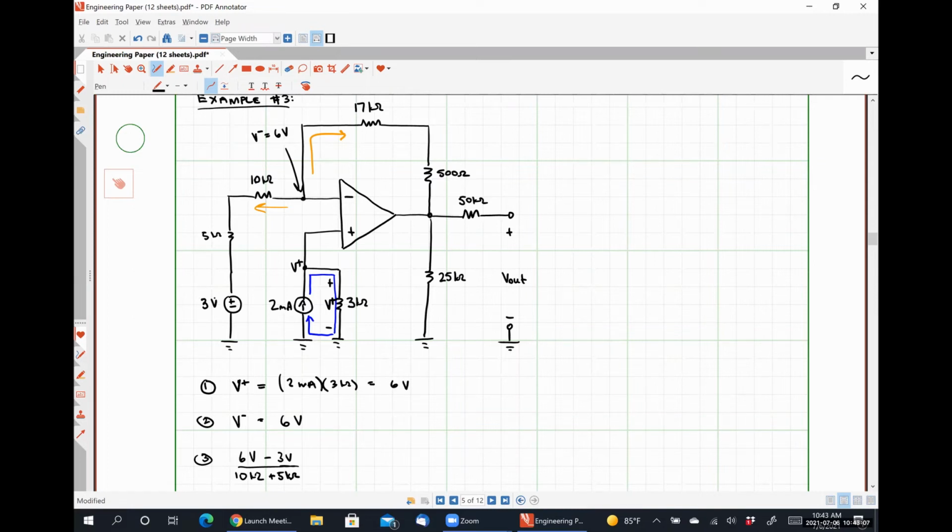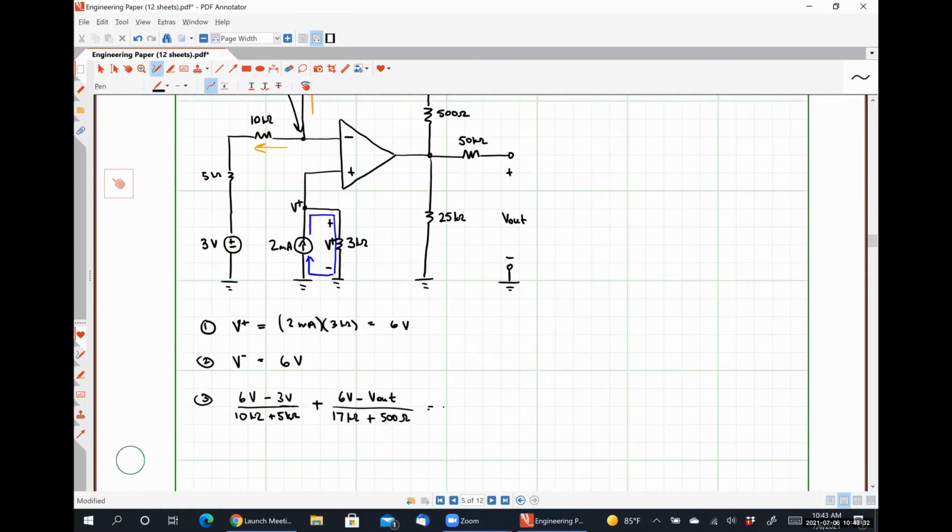All right, so what about the current directed to the right? That should just be 6 volts minus V out over 17 kilo ohms plus 500. Exactly right. You had to convert kilo ohms and do all that, but that's not that big of a deal.